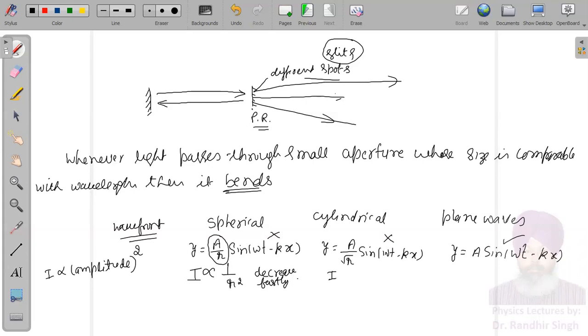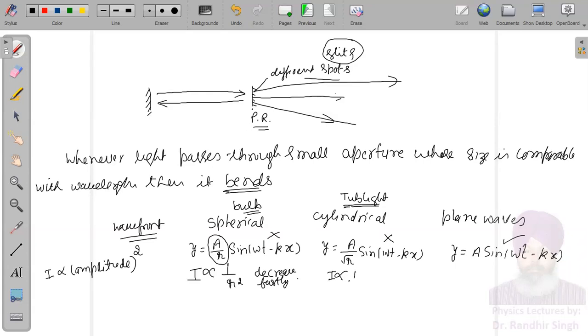In case of a cylindrical source, one example is a tube light. Please remember, this is not the exact answer I am telling you; it is just for making a figure in your mind, because all sources should be of small size, and even a bulb and a tube are large.